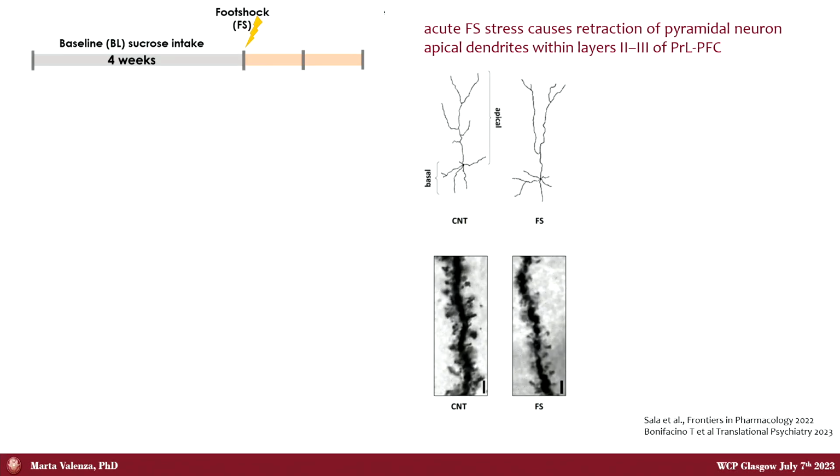So we also saw that acute footshock stress can induce atrophy of the apical dendrites of pyramidal neurons in the prefrontal cortex of stressed rats, irrespective of phenotype.